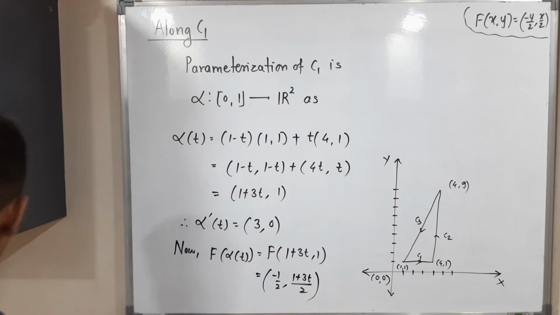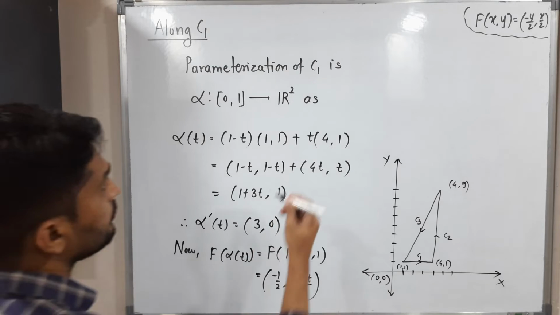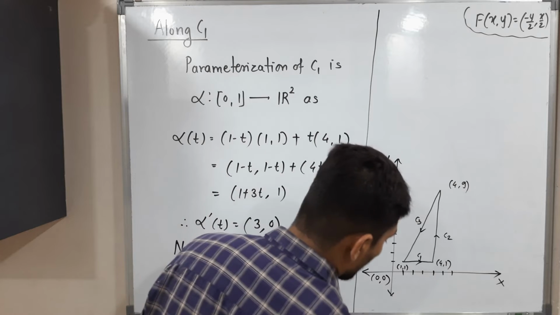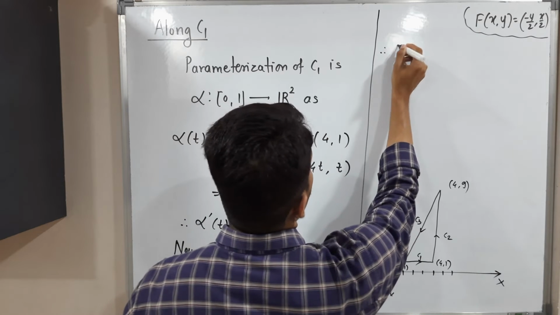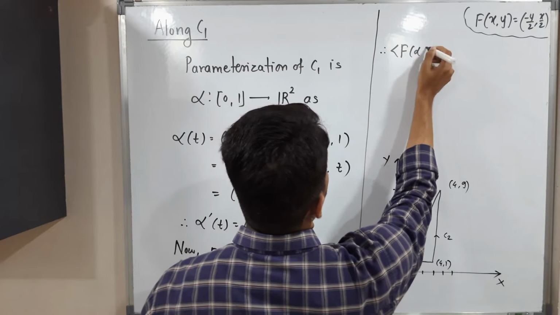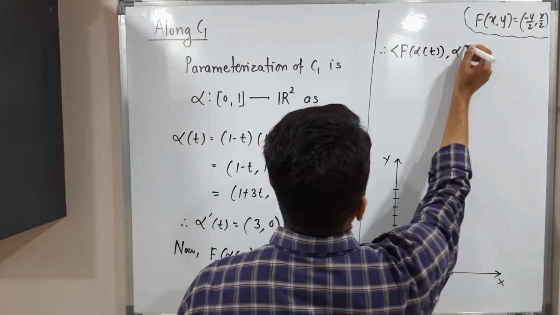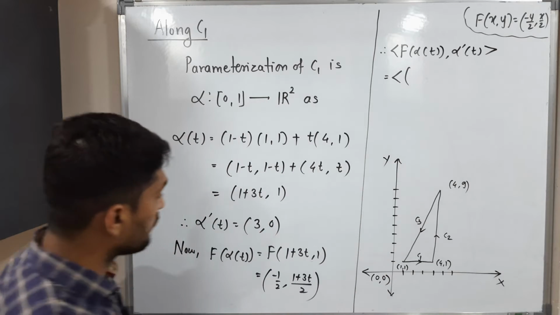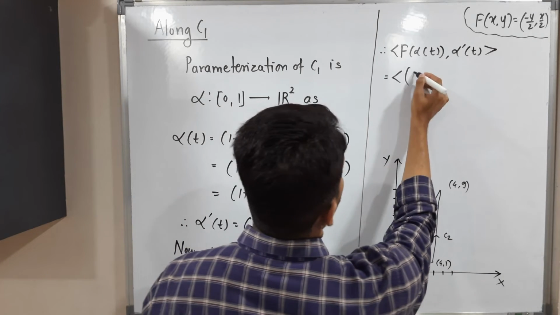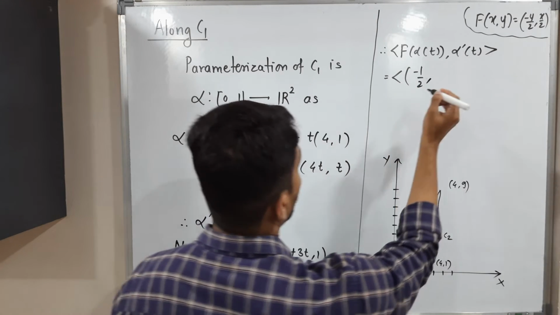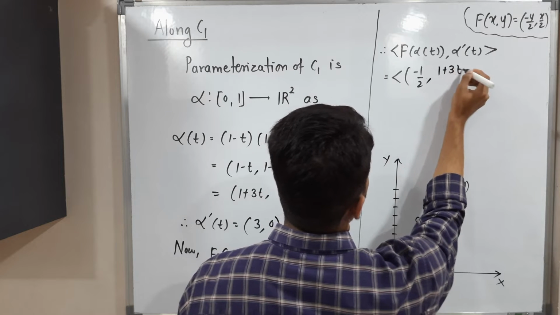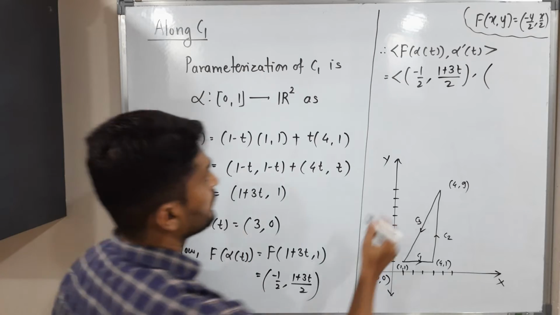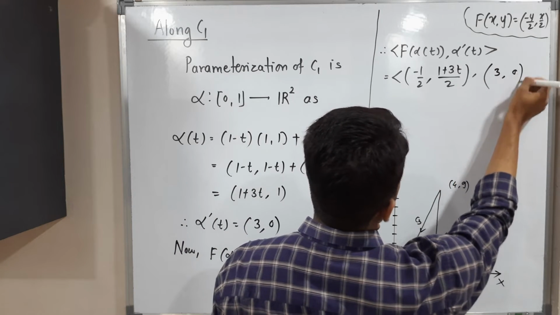So now we have to find the inner product. The inner product of f of alpha of t, which is (-1/2, (1 plus 3t)/2), with alpha dash of t, which is (3, 0).